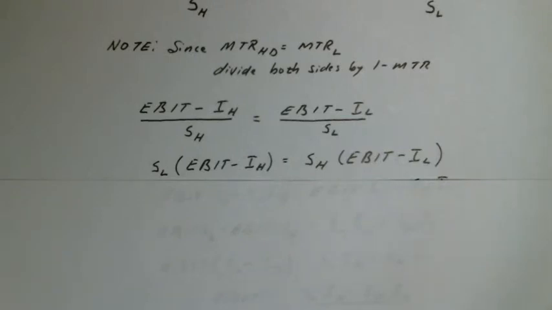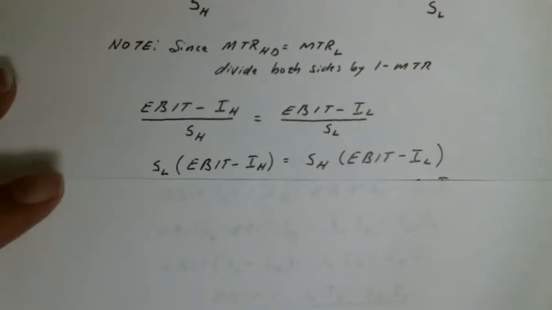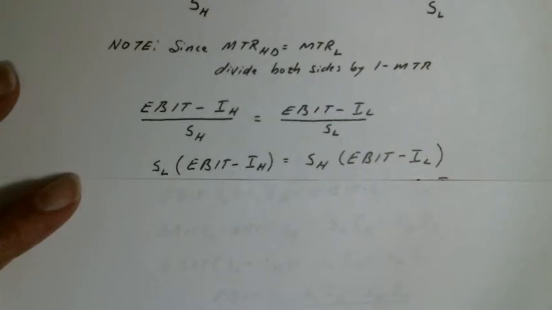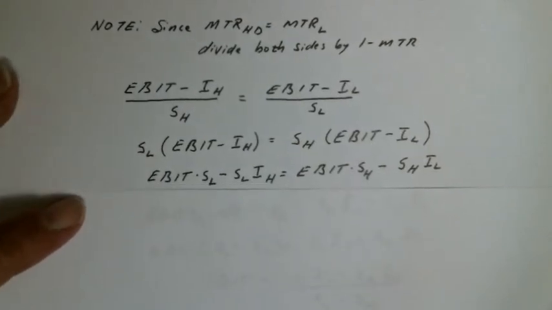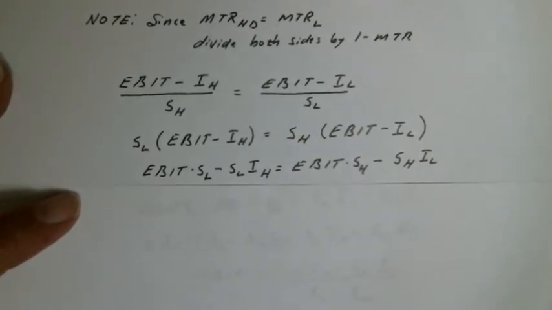Keep in mind, I don't have a subscript on the EBIT at all because I'm looking for the EBIT indifference. I think of it as a common EBIT, that point where they're both exactly the same. So this is what I get after I distribute.